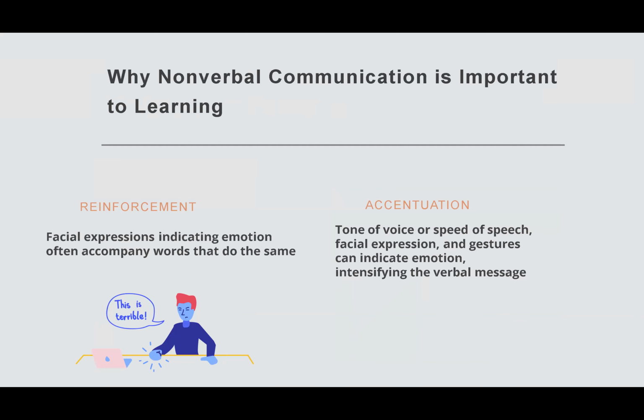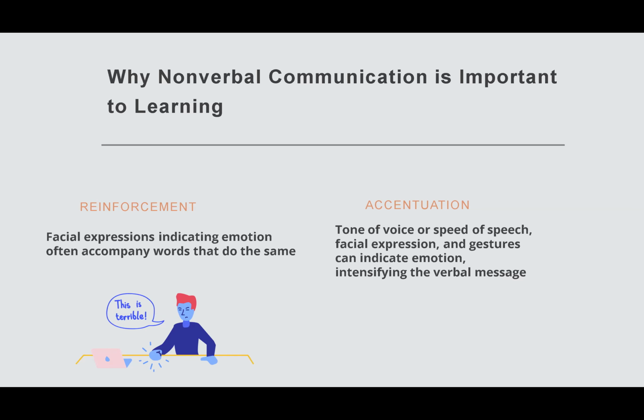Here's why nonverbal communication is important, and this comes as no surprise. There are many factors here, but I'm going to focus on reinforcement and accentuation. These almost always occur concurrently, but we do break them into two separate components. Reinforcement is the facial expressions that indicate the emotion, and they usually happen with what we're saying, either at the same time or sort of within it, if you nod your head and say yes, or if you shake your head and say no. And then accentuation is your tone of voice and the speed of your speech.